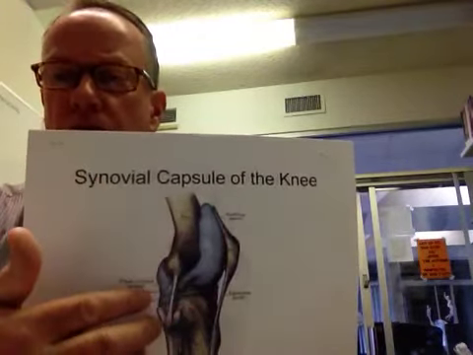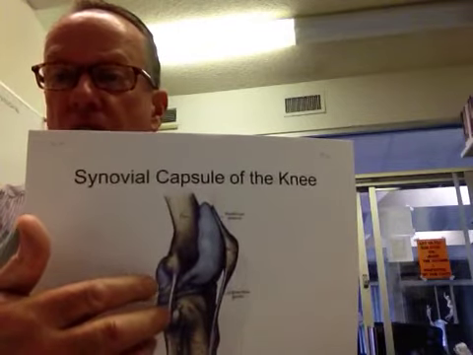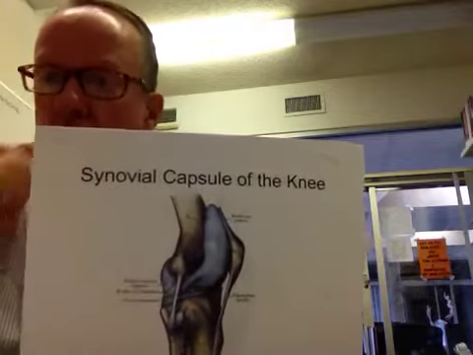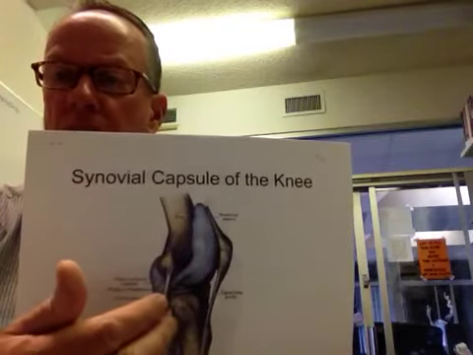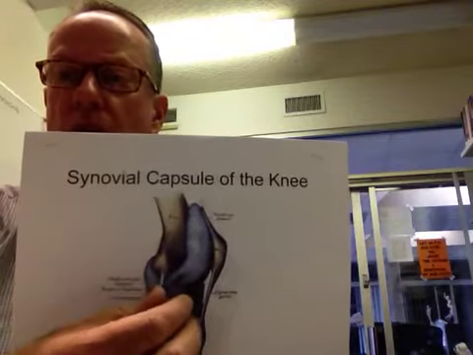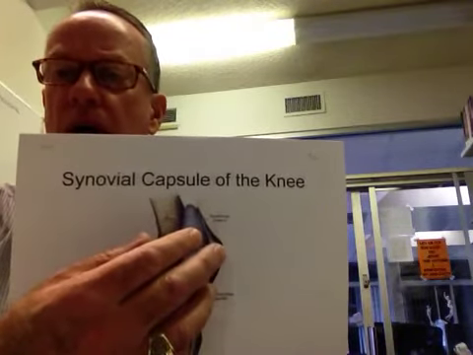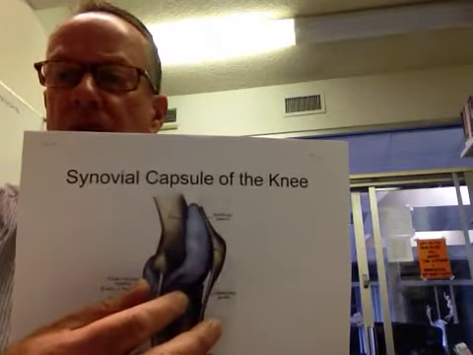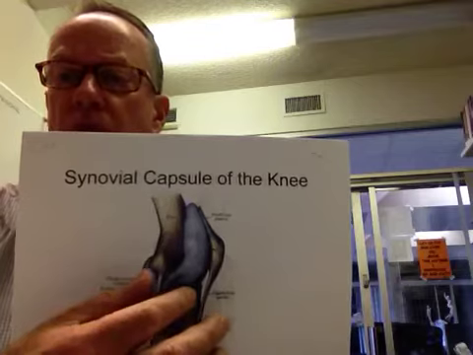You know that the major joints that we're studying, including the knee, are synovial joints, and one of the features of a synovial joint is the synovial capsule, which is deep to the ligamentous capsule. Well, when there's swelling in the knee, you get an appreciation for how large the volume of the synovial capsule is.